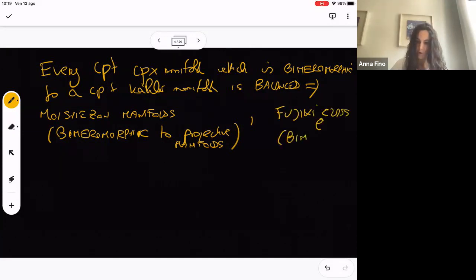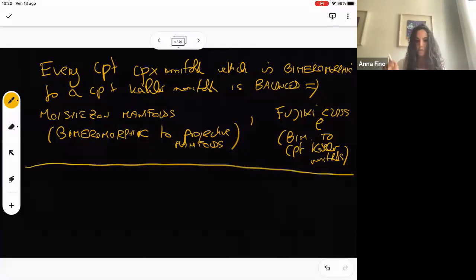These are bimeromorphic to compact Kähler manifolds. I didn't mention in the second lecture, but also for the Fujiki class there is a result by Chiose. It showed that complex manifolds in Fujiki class C cannot admit pluriclosed metrics. So from here you can see some duality, in some sense, between different properties if you have balanced or if you have pluriclosed metrics.